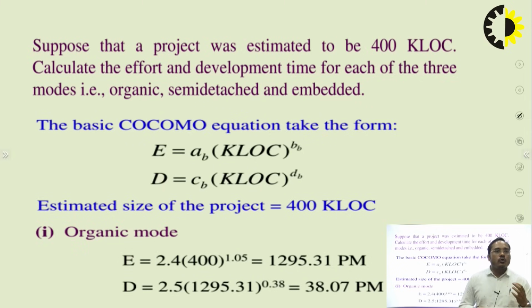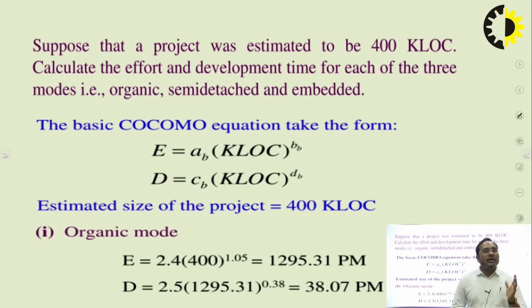The basic COCOMO model equations are the same: E equals A subscript B times KLOC to the power B subscript B, and similarly D equals C subscript B times KLOC to the power D subscript B. KLOC stands for thousands of lines of code, and A subscript B and B subscript B are given in the question.